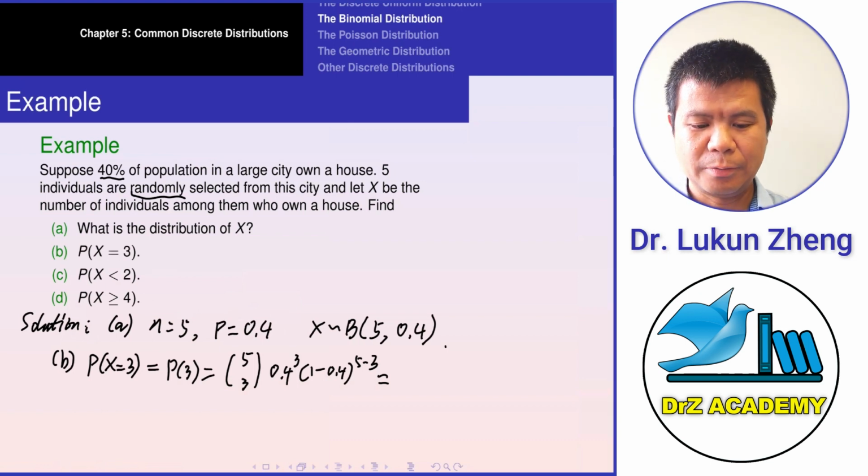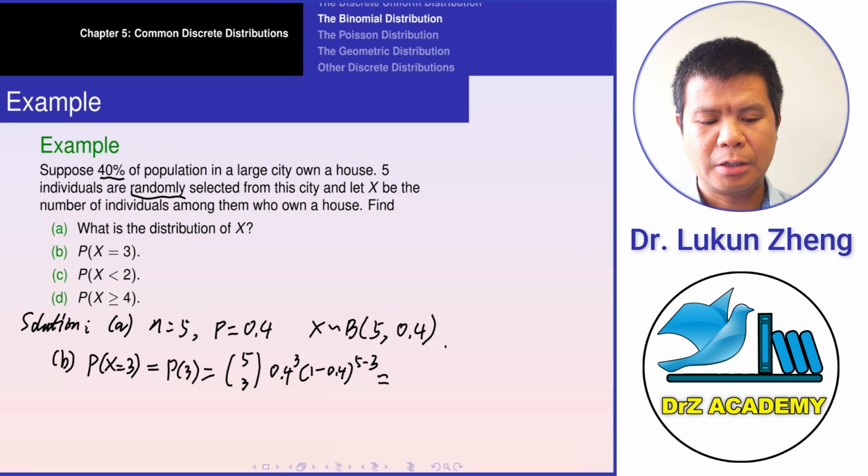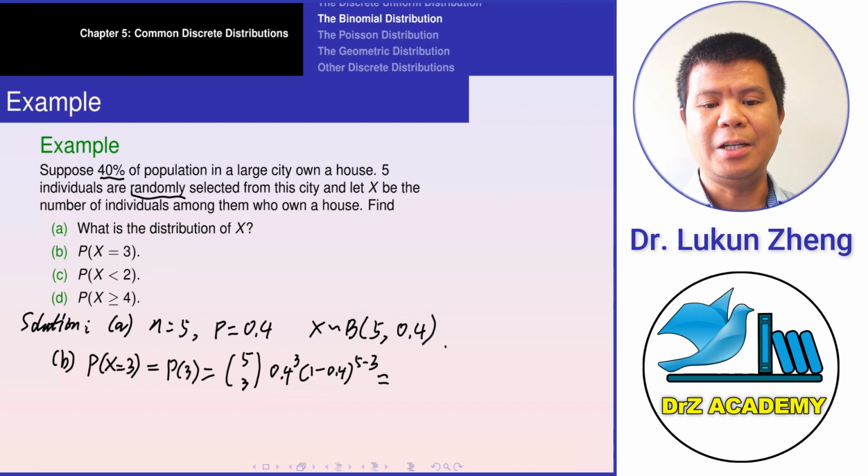So I'm going to 5, prob, go to nCr, 3. So it's 10. So it's 10 times 0.4 to the power 3, and then times 0.6 raised to power 2.